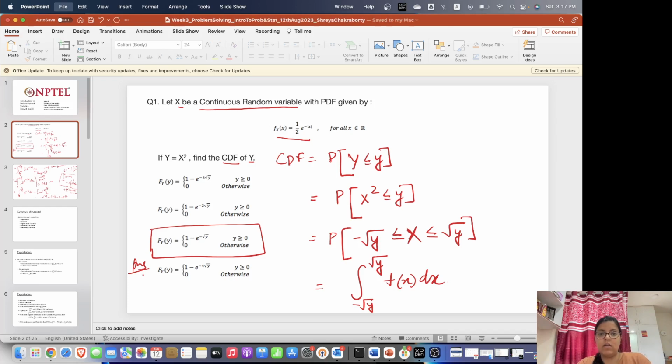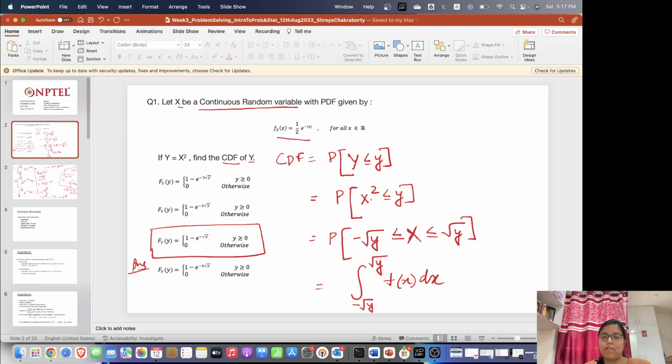Is it okay? So for those of you who joined a little late, I will repeat. This was my question. We had a random variable and a PDF given. So y was the transformed variable which was x square. Now first we'll write the CDF of y, that is probability capital Y less than or equal to y.